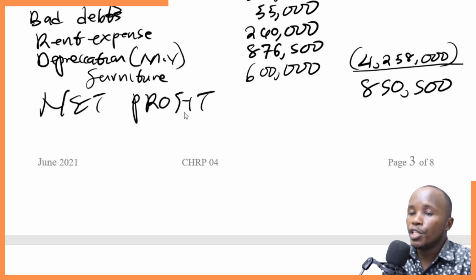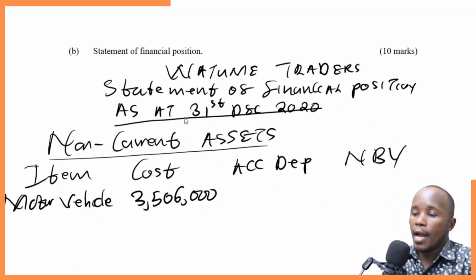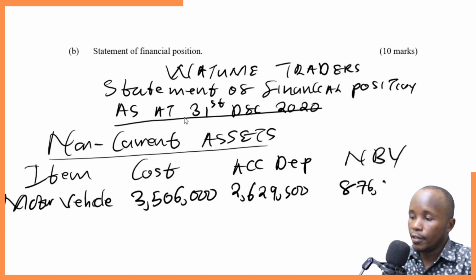Remember this is the depreciation of the third year, and it was constant because it was 25% on cost. So if I multiply this by 3, I will get the accumulated depreciation for 3 years, which is 2,629,500. Then I take the cost minus the accumulated depreciation. It will give me the net book value, 876,500.